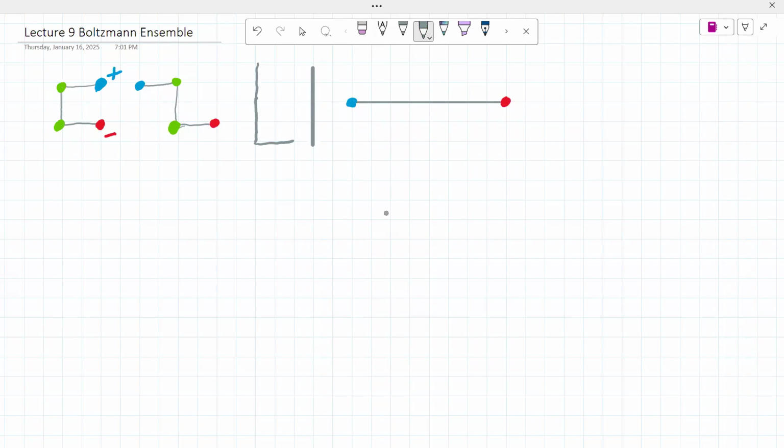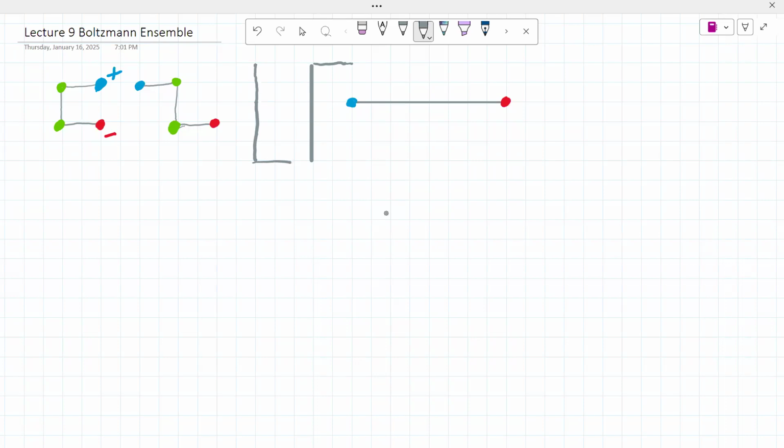No, it's still too small. I didn't do it right. Okay, let me do it again. There'll be a dot there. 1, 2, 3, 4 segments. All right, now I got it right. And 1, 2, 3, and 4 segments like that. All right, it's a little close to this thing here.